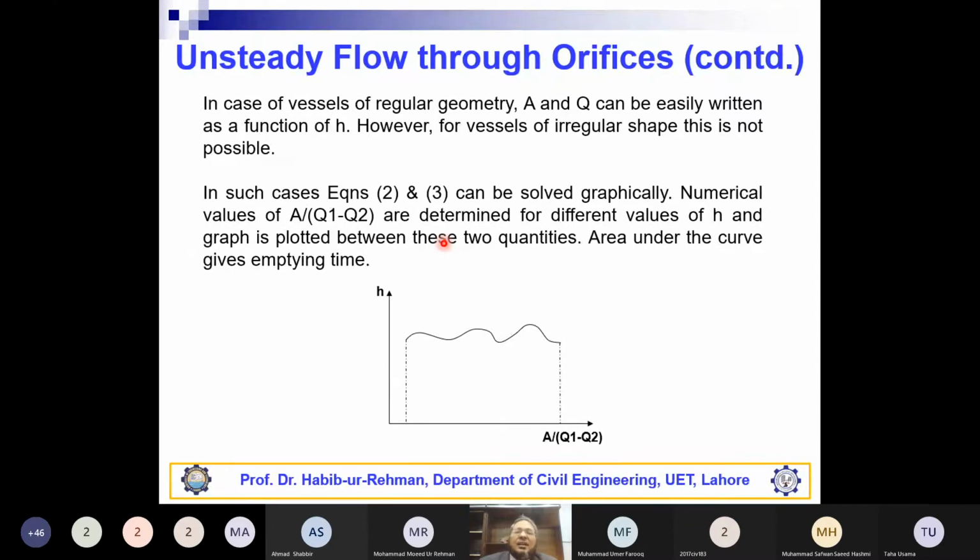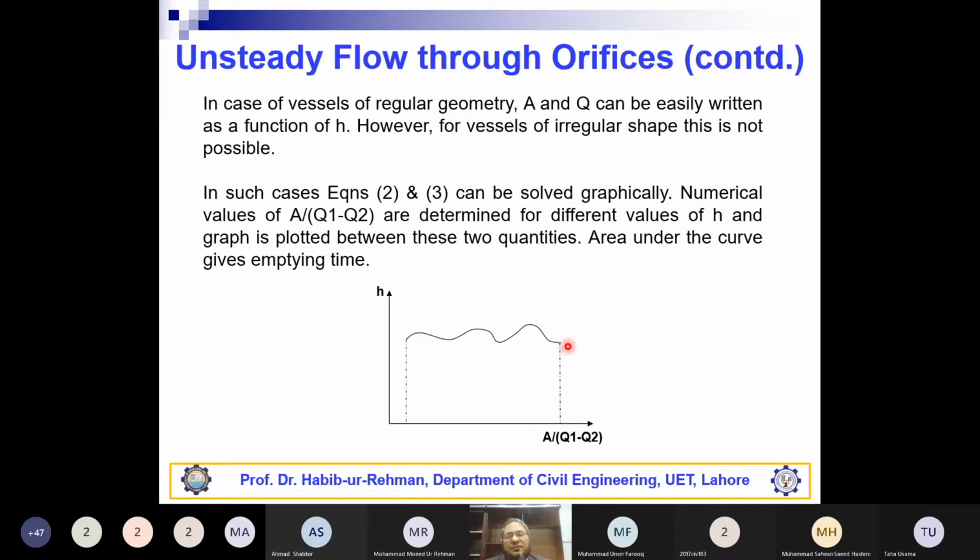And what is that graphical method? We have to compute numerical values of A over Q1 minus Q2 for corresponding values of small h. So we have to make a table. We will write the small h values and the value of this parameter, capital A over Q1 minus Q2. And then we will plot a graph between h and area over Q1 minus Q2.